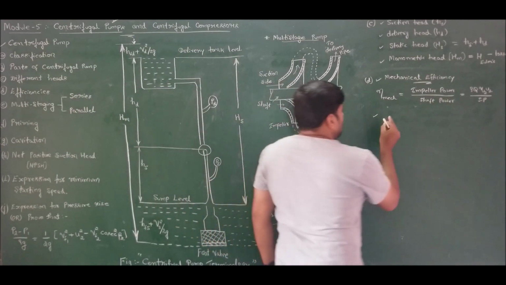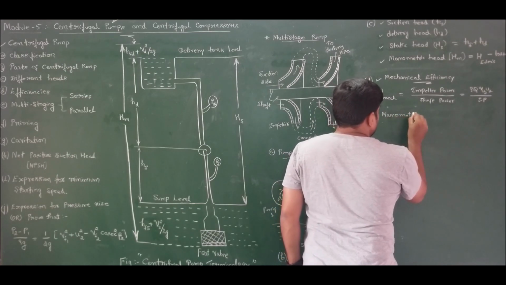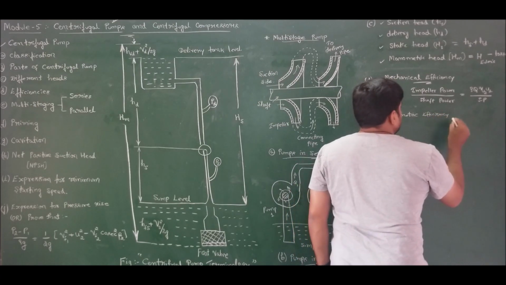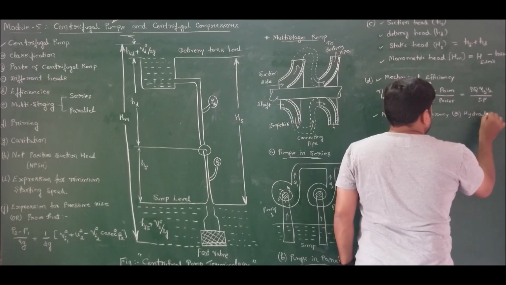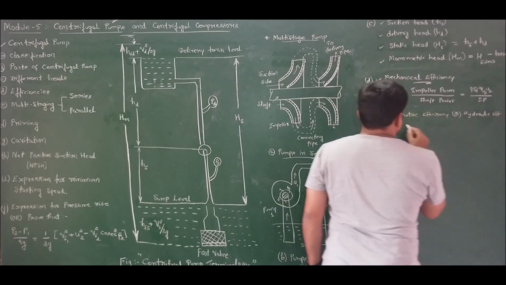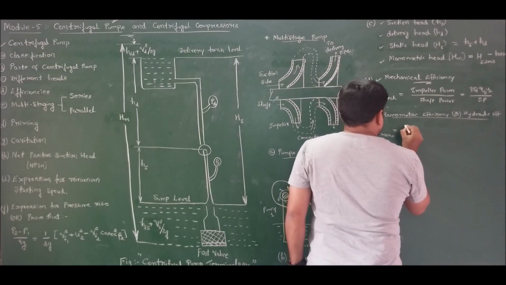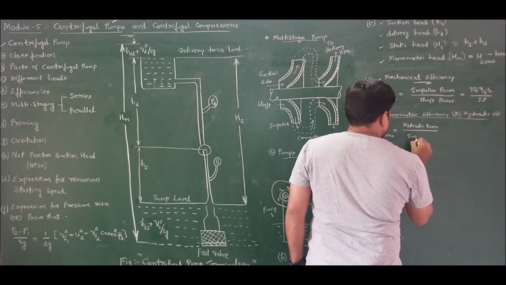Therefore, next is manometric efficiency or hydraulic efficiency. Manometric or hydraulic efficiency can be defined as hydraulic power divided by impeller power.